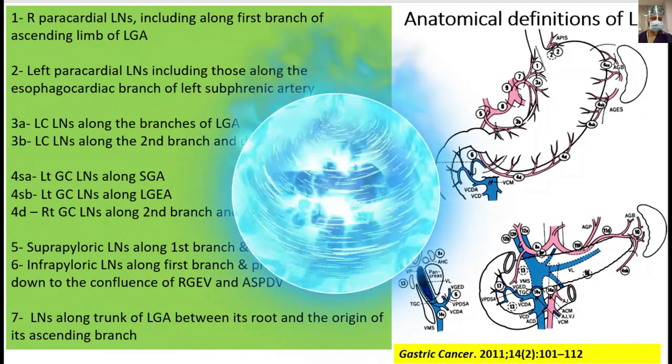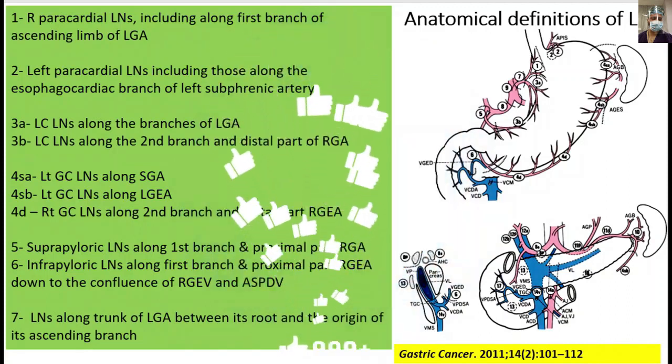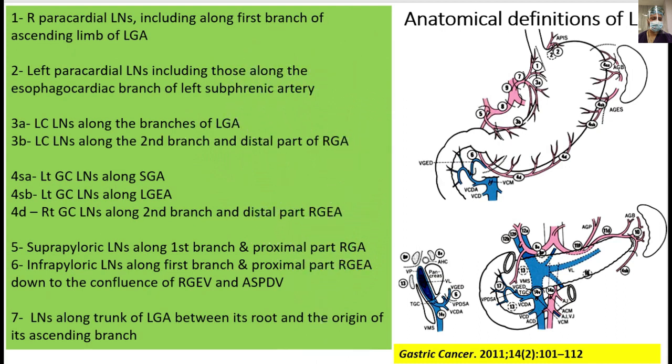So 1 to 6 are perigastric lymph nodes. 7, 8, 9 are the celiac axis branch nodes, where 7 is left gastric, 8 is common hepatic artery, and 9 is celiac trunk. 10 and 11 are splenic, and 12 is hepatoduodenal. I have covered all the lymph nodes in detail, so let's get started.